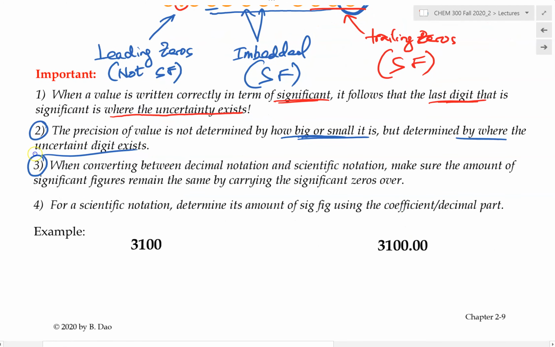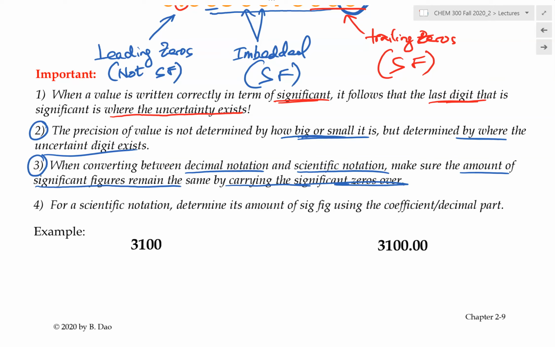And the third important point: when converting from a decimal notation to a scientific notation, make sure the number of significant figures remains the same by carrying the significant zeros over. Because as we convert between the decimal number and the scientific notation, the number of significant figures is not supposed to change, right? Because if it were to change, then we would be gaining or losing certainty in our measurement.